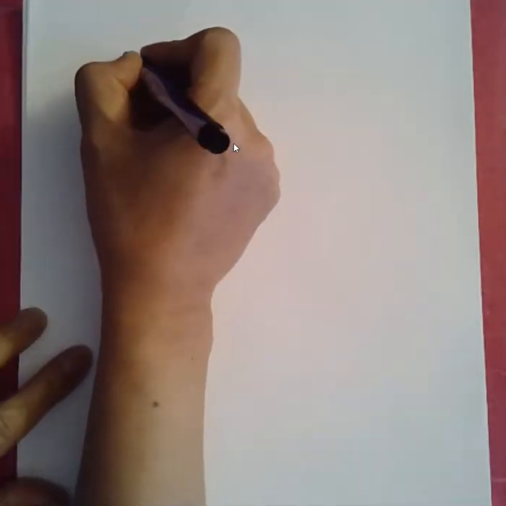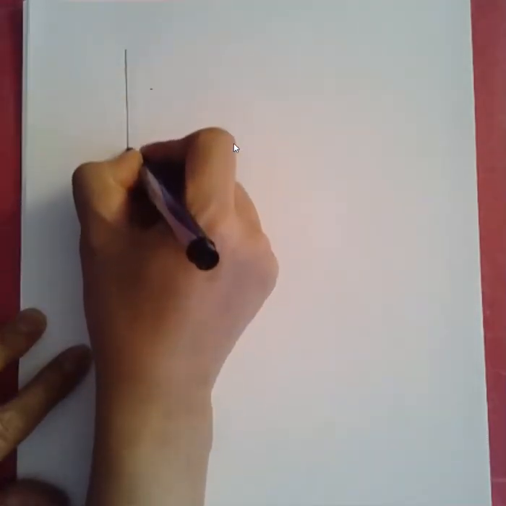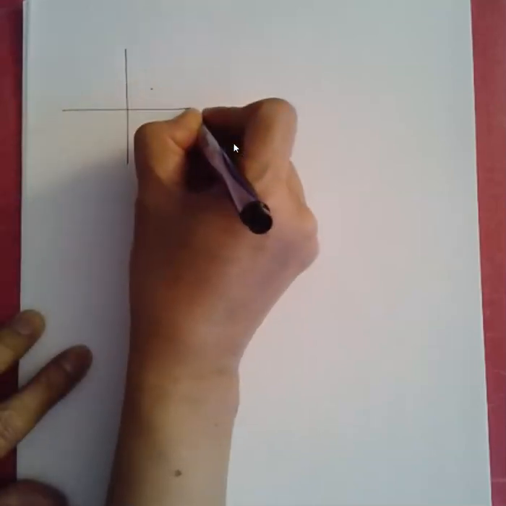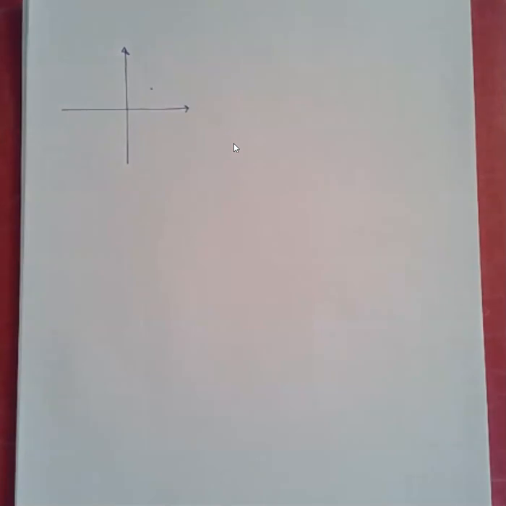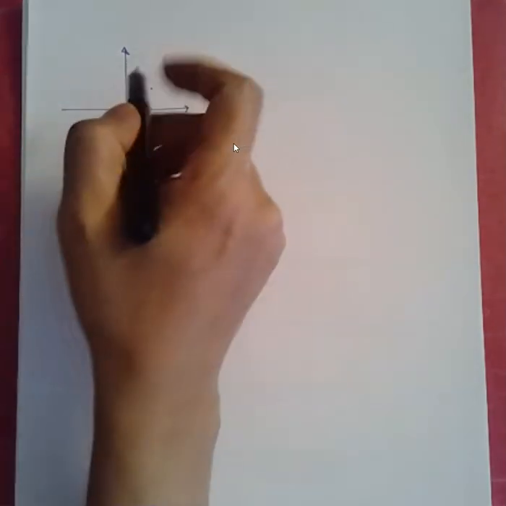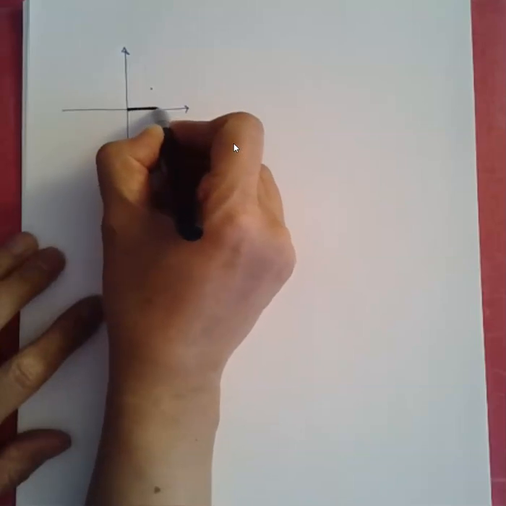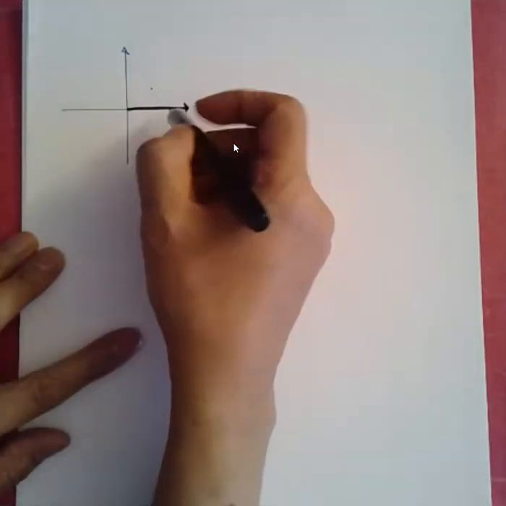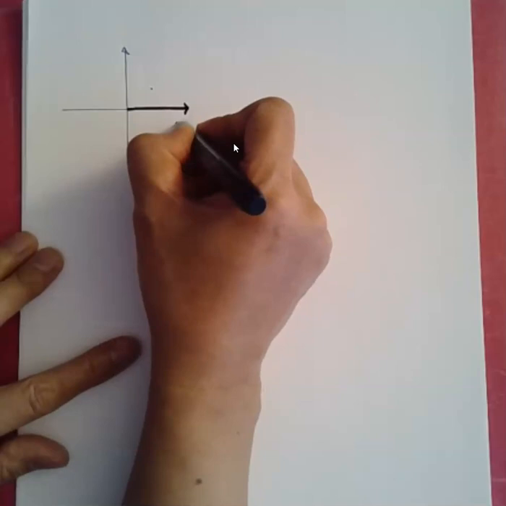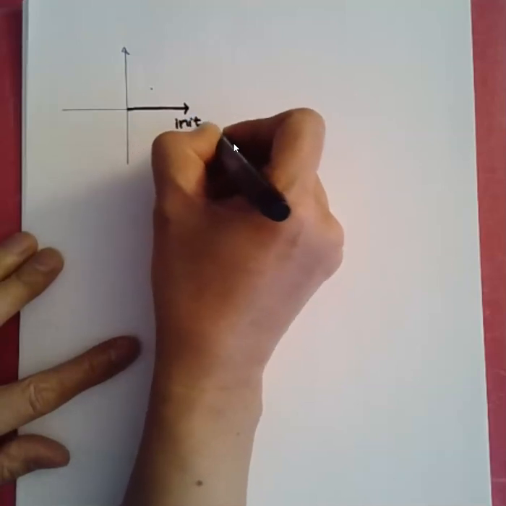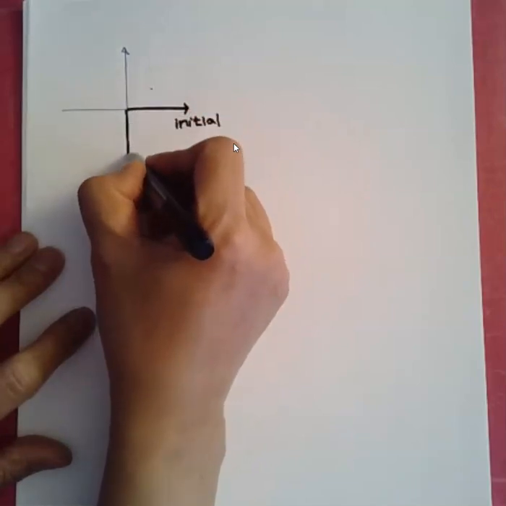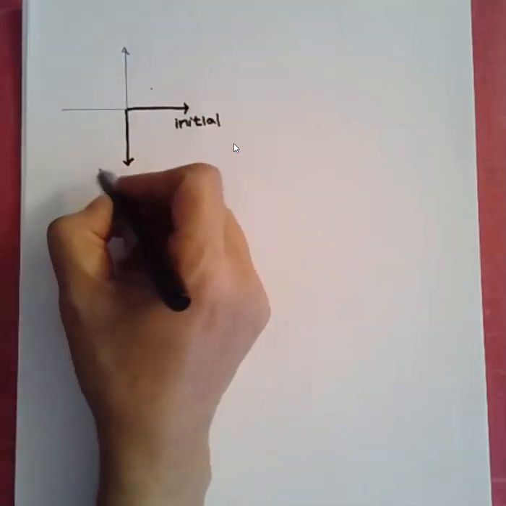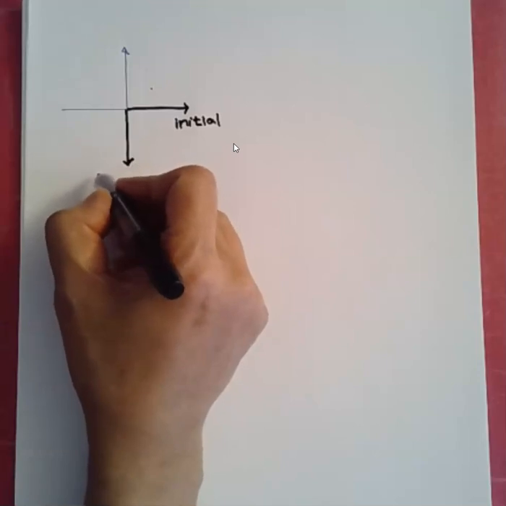Let's do one more positive angle. We locate the initial side on the positive x-axis, but this time the terminal side coincides with the negative y-axis.